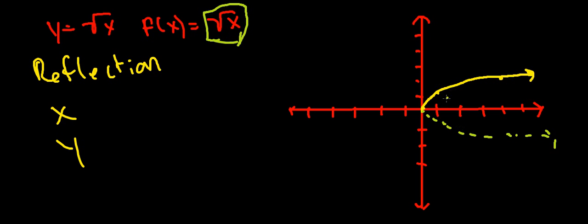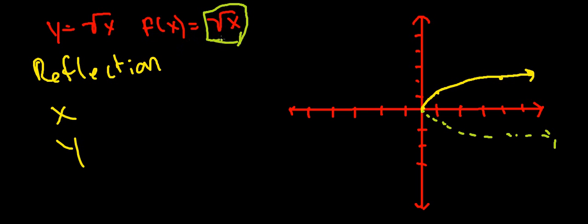So let's first look at what the difference is. Here we see the x's are the same, so it's most likely not going to be anything to do with manipulating the x. What is different is that the y values are negative. They're the same, but negative. So here it would be 1, minus 1 instead of 1, 1, and here it would be 4, minus 2 instead of 4, 2. But how are we going to get a negative value from a square root?